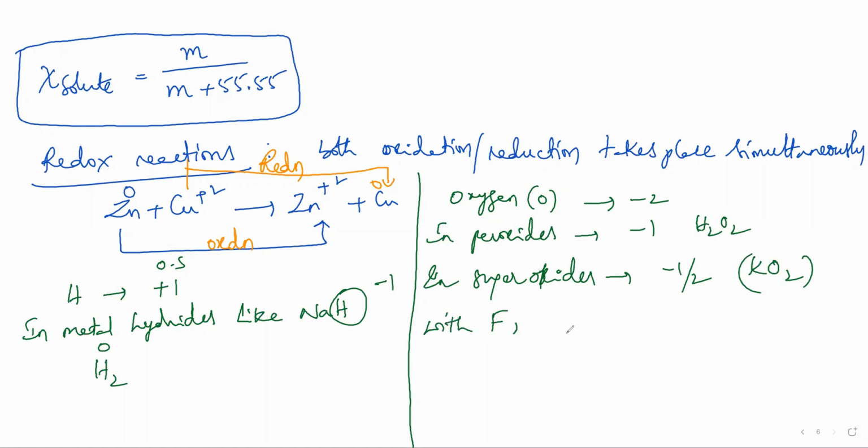With fluorine, in OF2, oxygen exhibits +2. In O2F2, oxygen exhibits +1. So these are some special cases of oxygen, right? Because you will get some questions based on balancing redox reactions, so you need to find out oxidation states also, right?